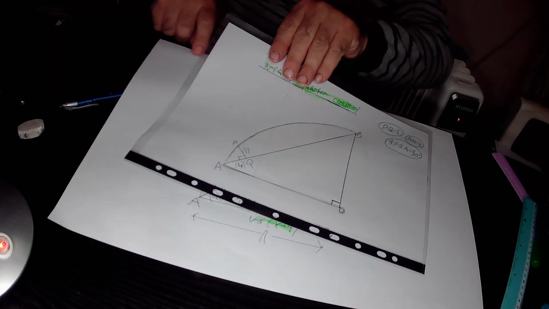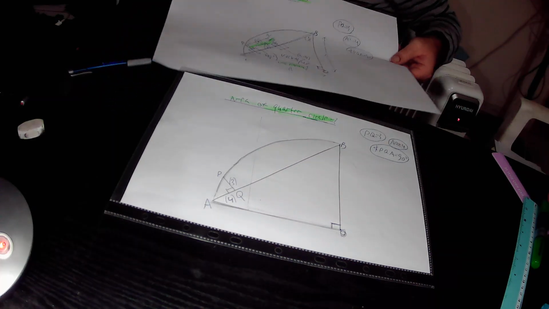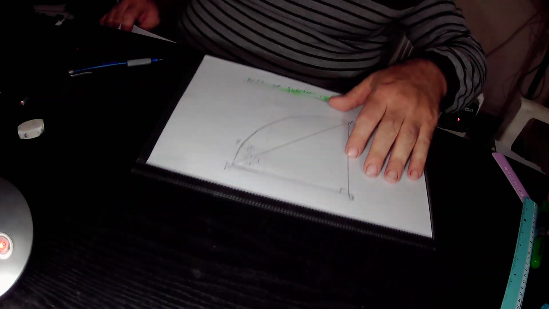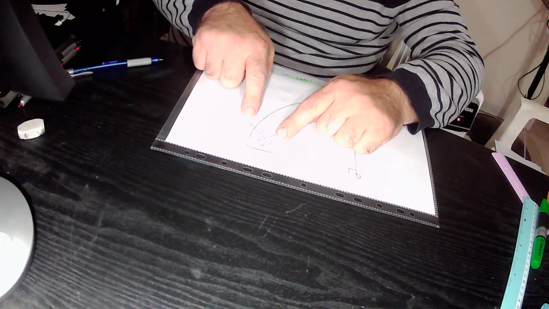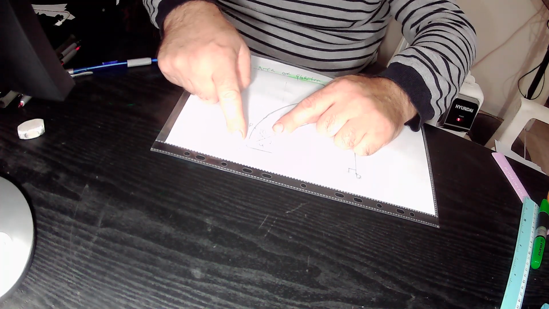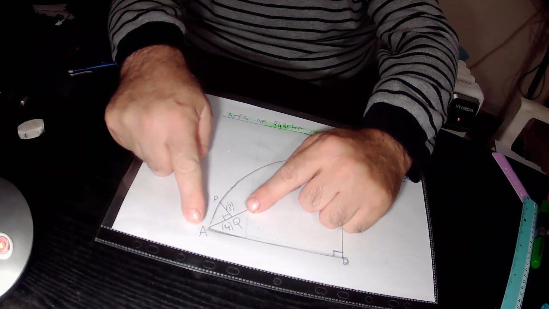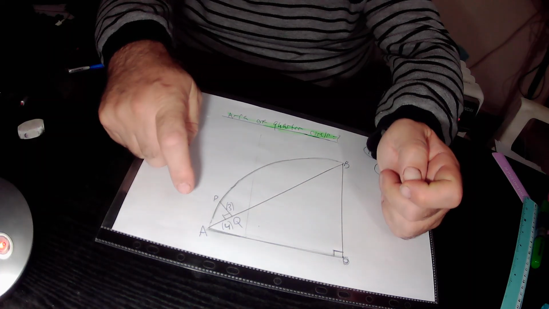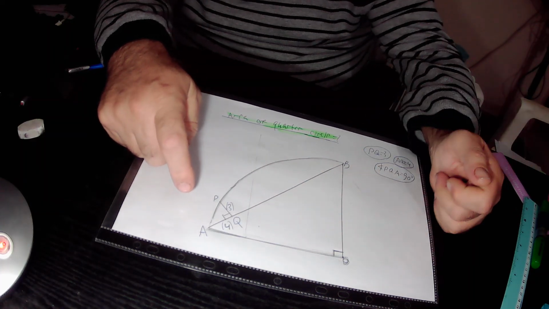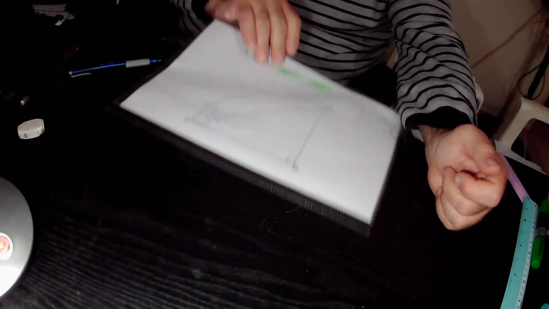Our task is to find out the area of this quarter circle A or B. So we know that this length is equal to 4 units in itself. This is equal to 4 units in itself. This is angle PQ8, this is a right angle. Again, our task is to find out the area of this quarter circle A or B.